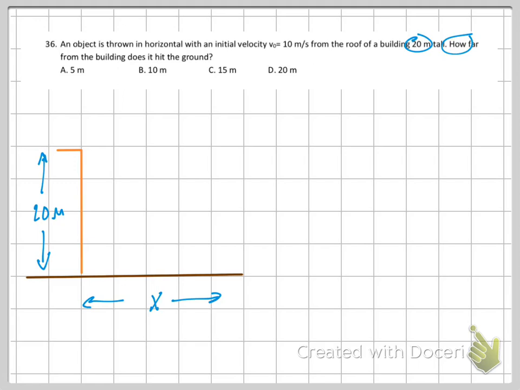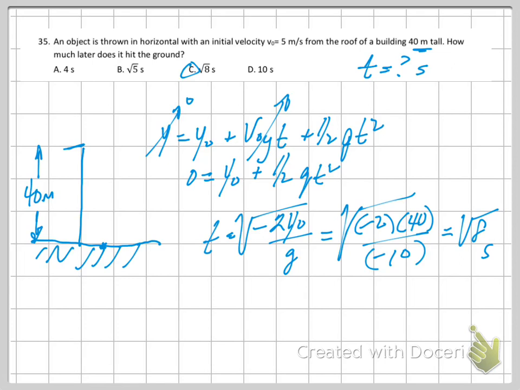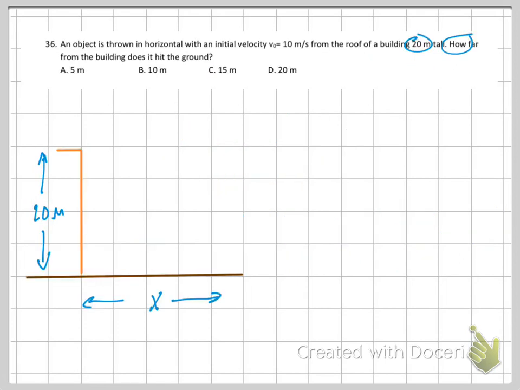We have the height. We can determine the time of flight by using the second kinematic equation in the vertical direction. So we would have y equals y naught plus v naught y t plus 1/2 g t squared. We know its final height when it hits the ground is going to be 0.